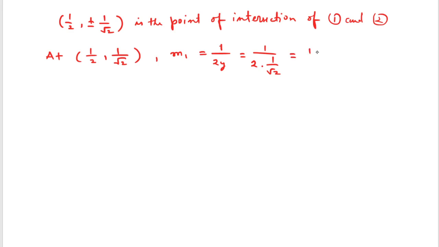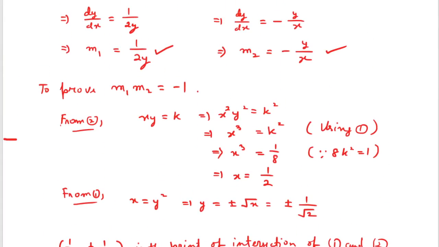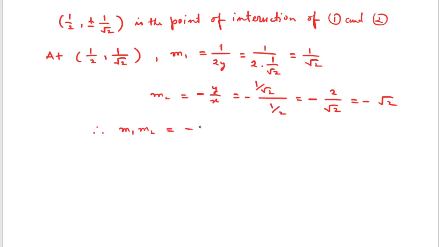And m2 is minus y by x. If I put the value of y and x here, this will be minus root 2 by 2, that is minus 1 by root 2. If I do the product of these, I get m1 into m2 equal to minus 1.